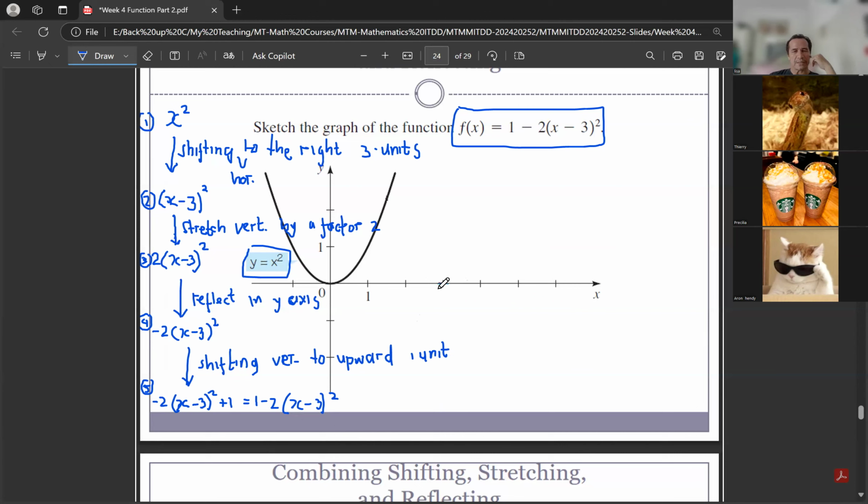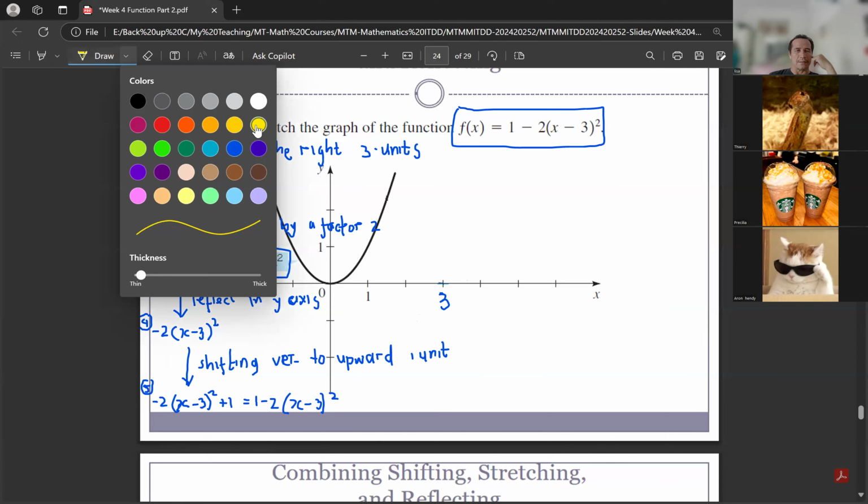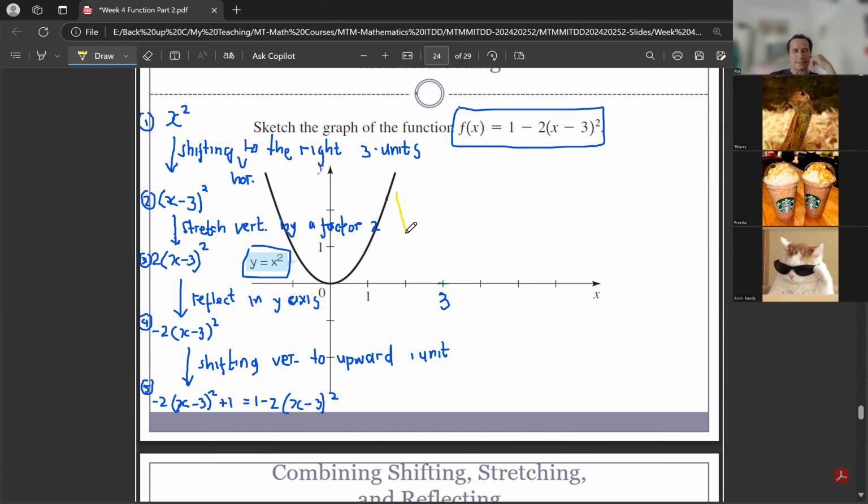So x minus 3 means 1, 2, 3 here. Yes, we move to the right, 3 units.